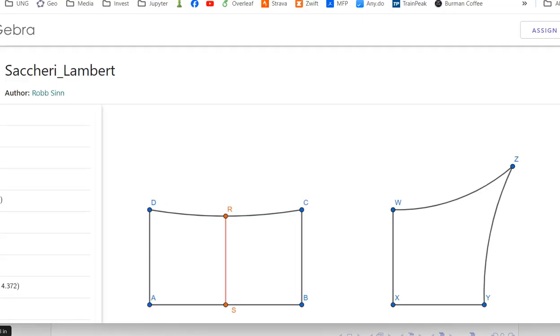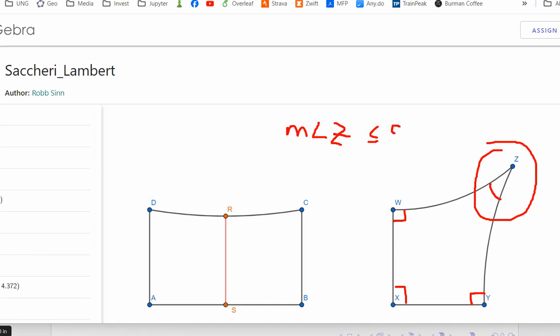So if you make the equation, with angle W equal to 90 degrees, angle X equal to 90 degrees, and angle Y equal to 90 degrees, and the sum of all four has to be less than or equal to 360, that leaves us with just this one, and we know that the measure of angle Z is less than or equal to 90 degrees, when we subtract out the 270 degrees to account for the measure of angle W plus the measure of angle X plus the measure of angle Y. We subtract that out of both sides. We're left with the equation you see on your screen.